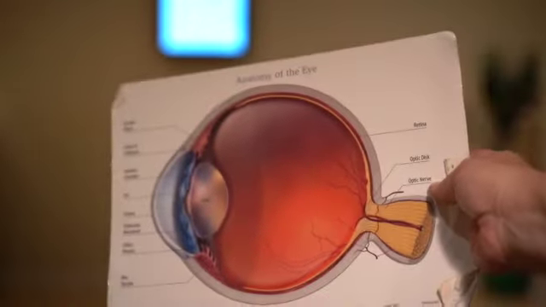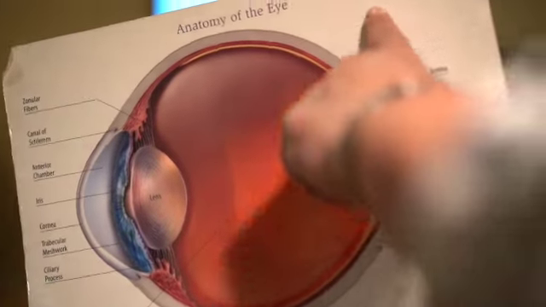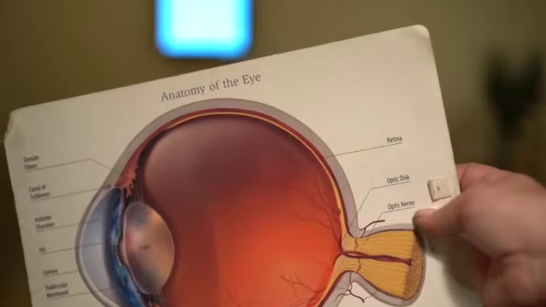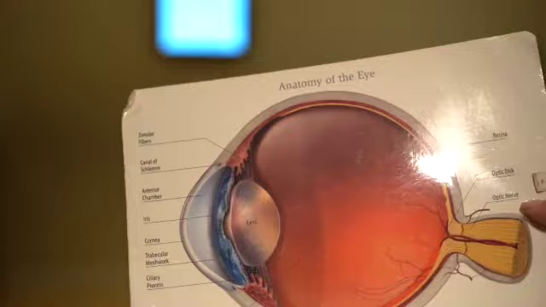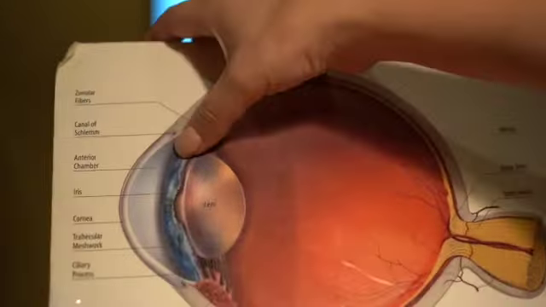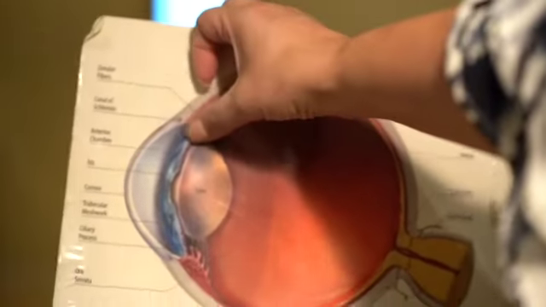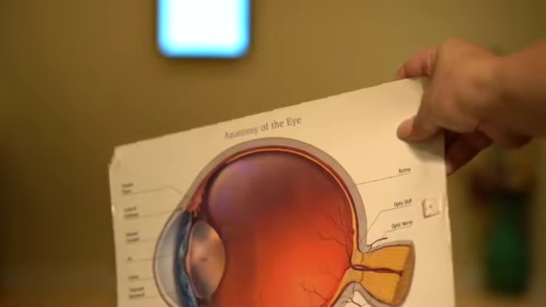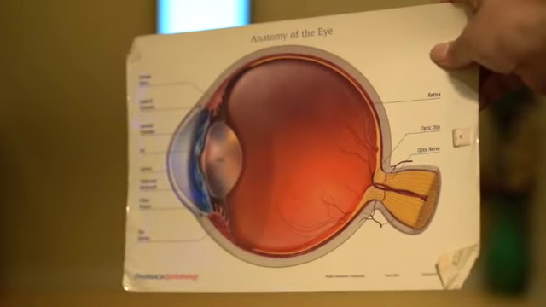Okay, so right here is the retina in the back of the eye. And the drops will go, of course, into the eye, and it'll affect the pupil, which is right here. So the pupil will expand, and I'll be able to take a really good look at the entire surface of the retinal tissue. Okay?